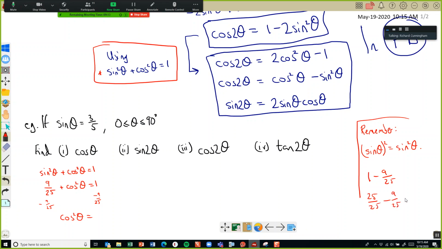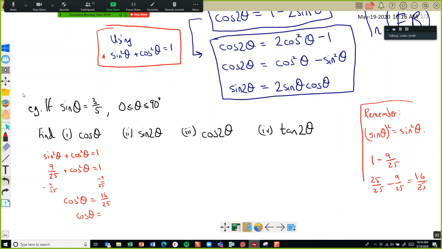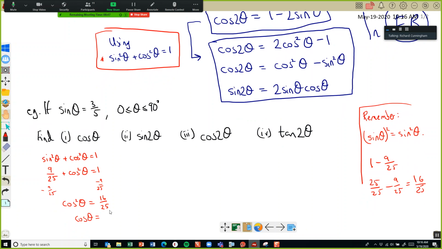Look up the how-to videos if you need help on subtracting fractions. 25 take away 9 is 16. So cos squared theta is 16/25. What is cos theta? Yeah, 4/5. Square root the top, square root the bottom.